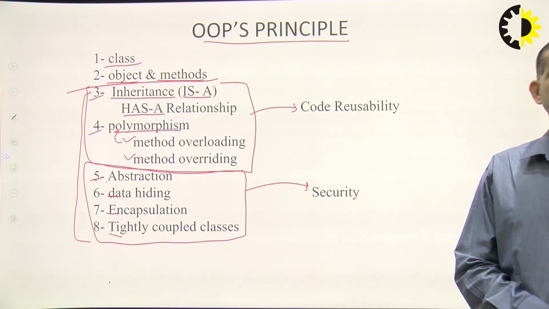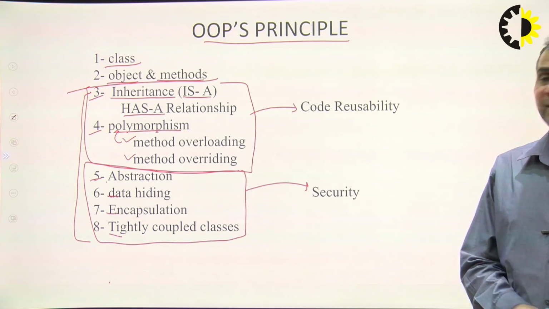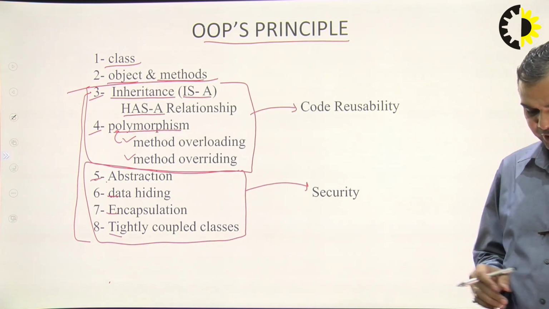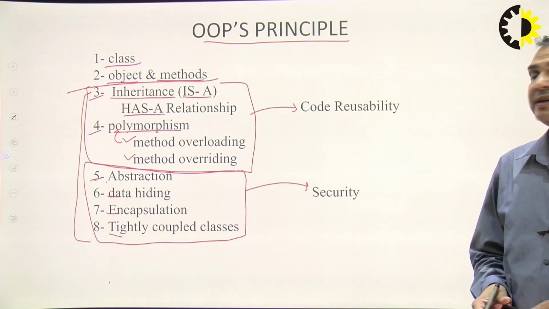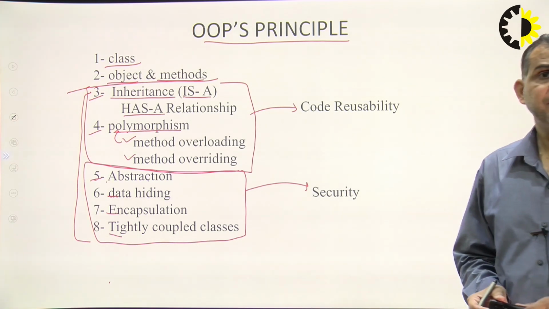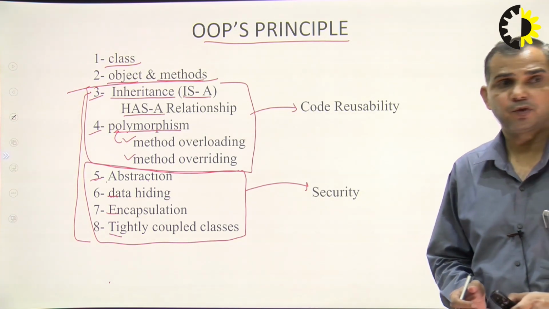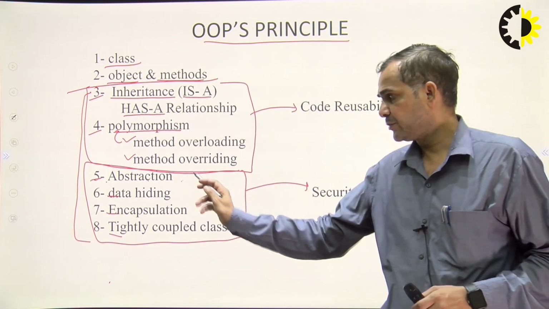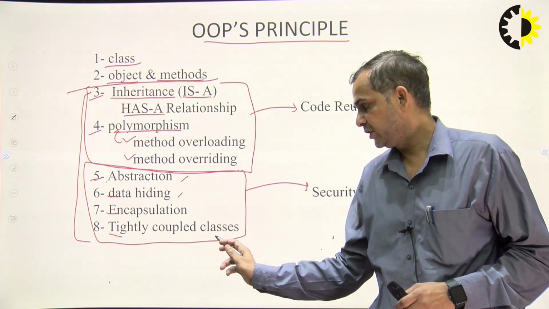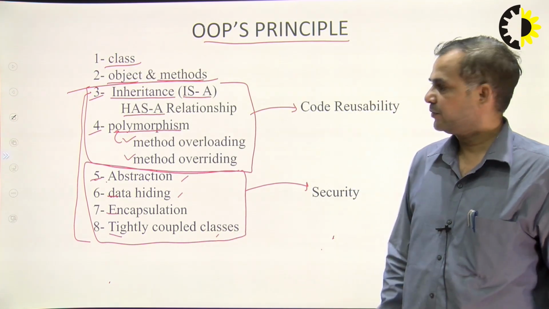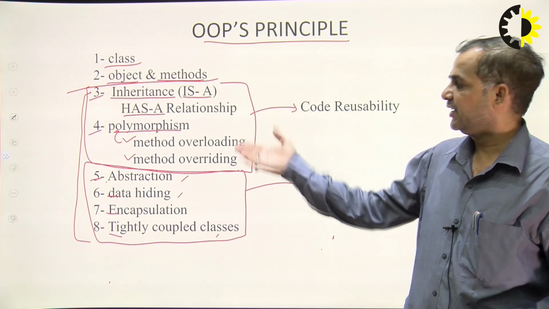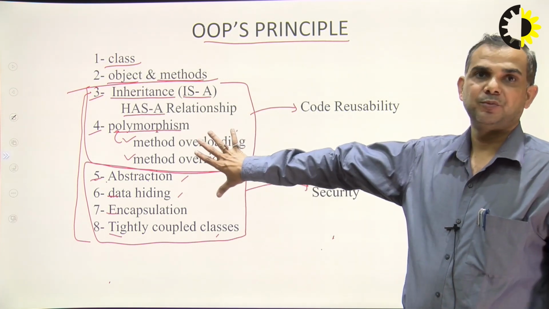So for code reusability and security, there are some points. For code reusability, we use inheritance or polymorphism, and we have to find the security. For the security purpose, we are using abstraction, data hiding, encapsulation and tightly coupled. Or we can say that these are the main parts of the OOPS principle.